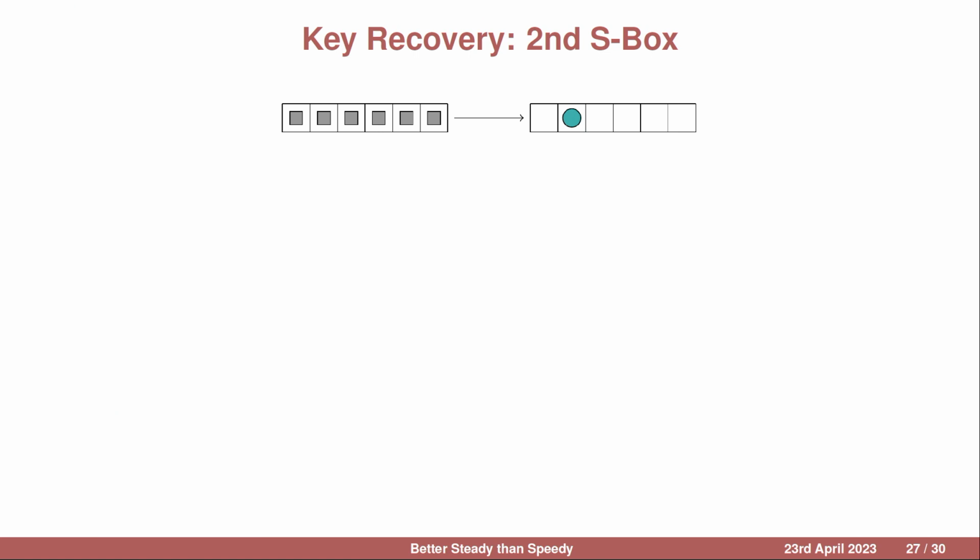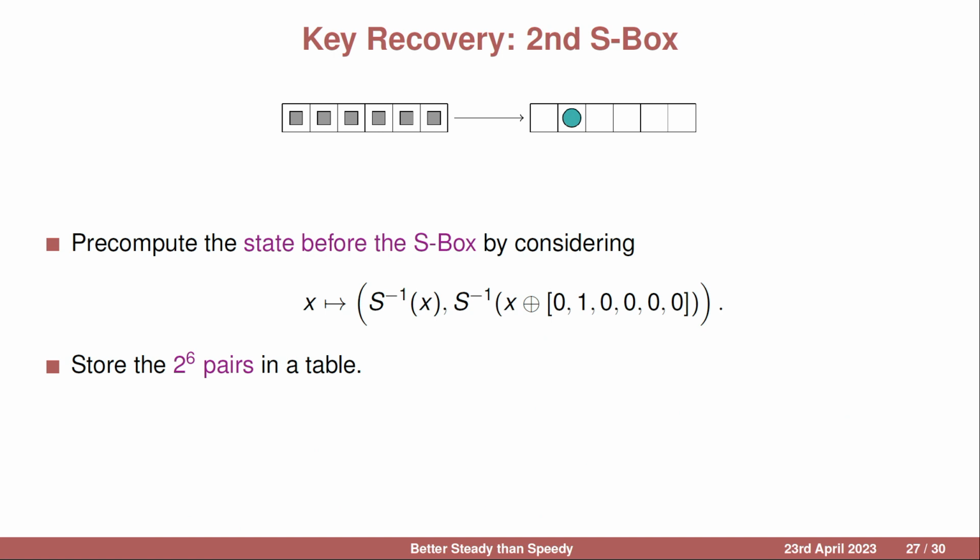What we can do here is pre-compute the state before the second S-box, on the left side here, by computing S-1 using the S-box. So we would get some pairs like this, and then instead of trying to make a match on the difference after the S-box, we make a match on the pairs before the S-box by looking at the pairs we pre-computed inside the table.